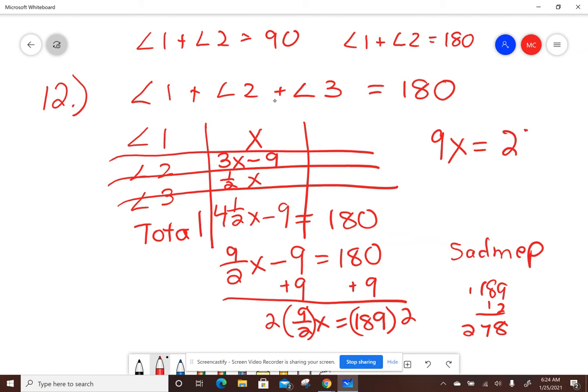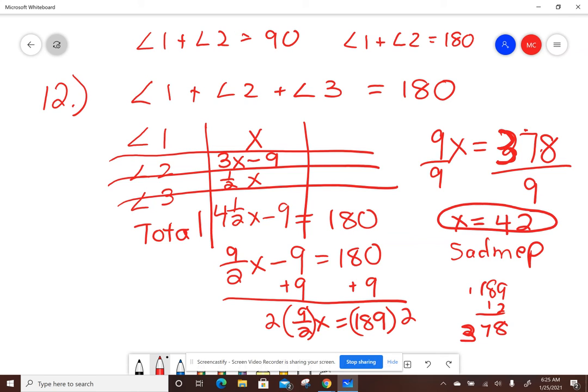Something's wrong. 18, carry the 1, that's 16, 17, that's 378. Can't add. So 378 divided by 9. 9 goes into 36 4 times, 9 goes into 18 twice, so x equals 42.